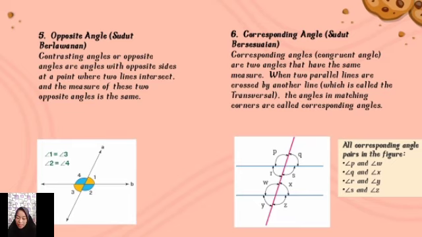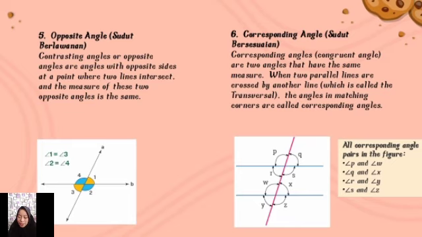Next, number 6 is corresponding angle, or sudut persesuaian in bahasa. Corresponding angles are two angles that have the same measure. When two parallel lines are crossed by another line, which is called the transversal, the angles in matching corners are called corresponding angles.